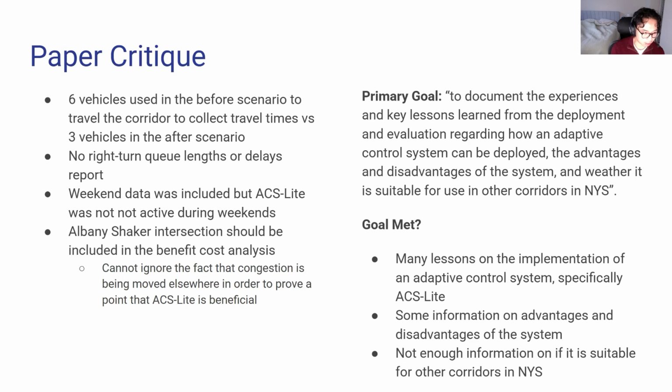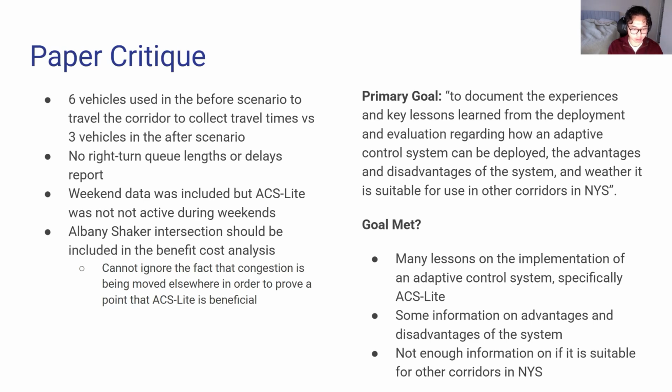So for the Albany Shaker intersection, and how it was not included in one of the tables for the benefit cost analysis, I felt like, if anything, that should be the main focus, because that's where all the congestion is happening, right? And if that problem is fixed, then ACS Lite can be better proven to be used in other corridors, right?